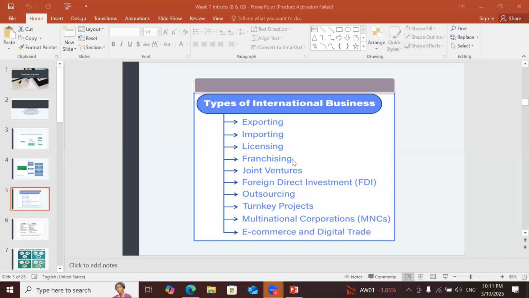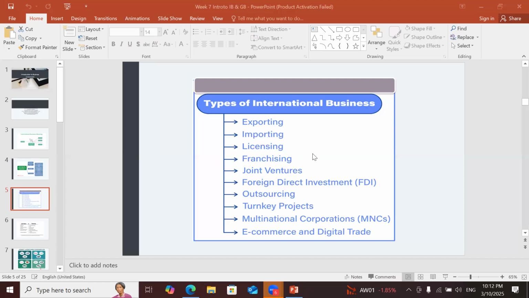For example, when you stay in a foreign country, you have to use the license of others, because you have no license of your own. You have to use another license to continue the business. Another example, when you want to do business using the license of a well-known company, this is a kind of business called licensing business.